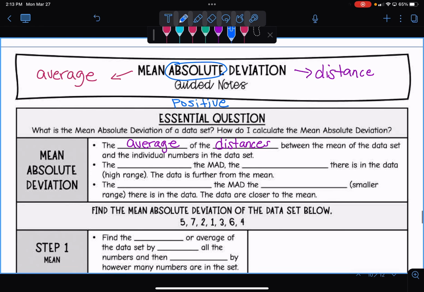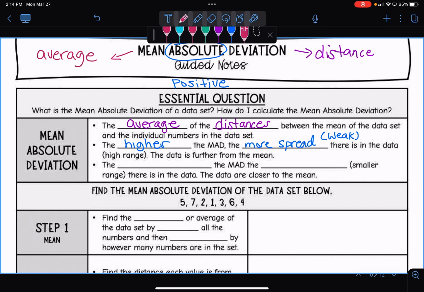This next part's very, very important. The higher the MAD, or the mean absolute deviation, the more spread are the points. So if the points are super spread out, is that strong or weak? That is a weak association if they're really spread out. So do you think you want a high mean absolute deviation?